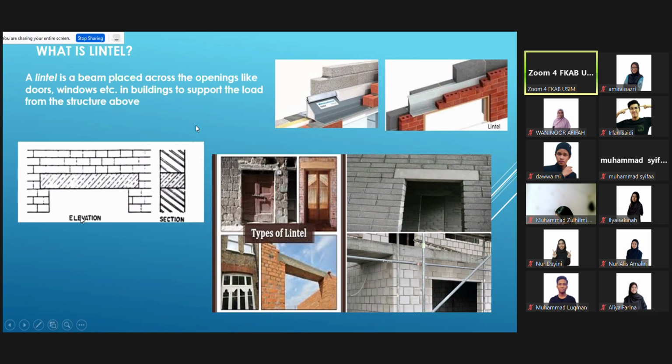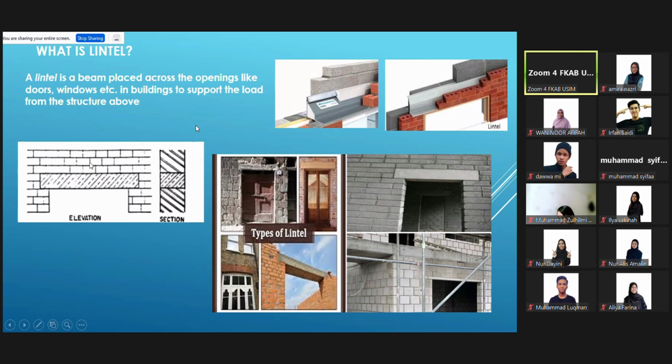So basically, it's to support the opening. For example, if we don't have any of this, and you have a timber frame door or window, all the load on the wall will be there. The lintel will be supporting all the load from the wall. So if you have a window or door here, the pressure of the floor and the wall above won't actually affect your door and window frame.